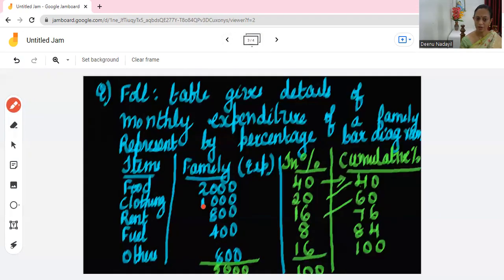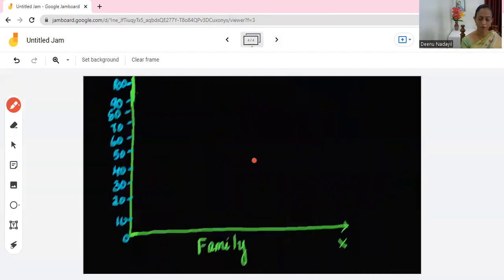For food, we have to check the cumulative percentages, and this one should be plotted. Food we have 40. What type of diagram? Percentage bar diagram. So 40 is here. For food, it is given 40, so draw one rectangular bar.